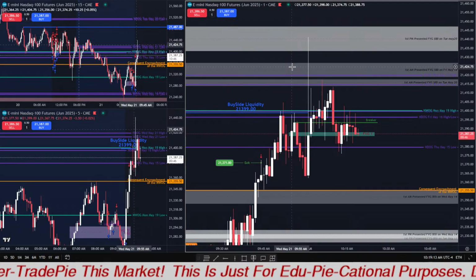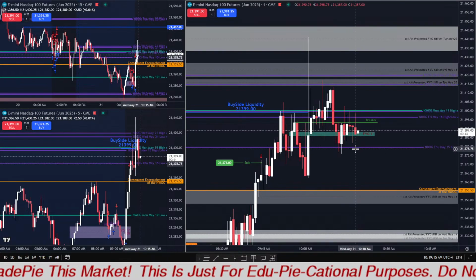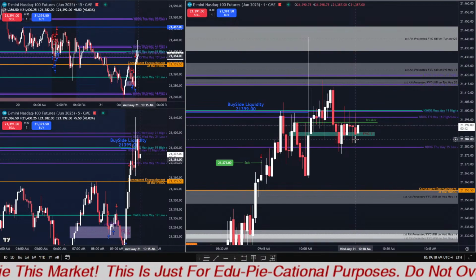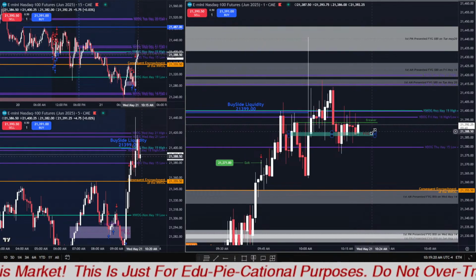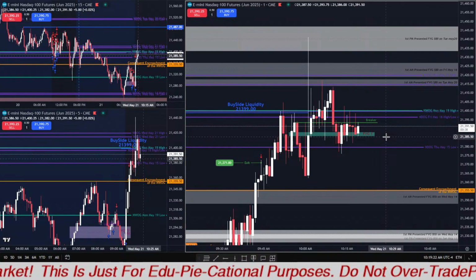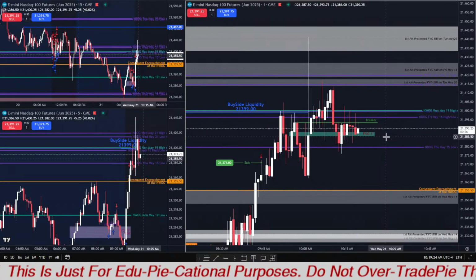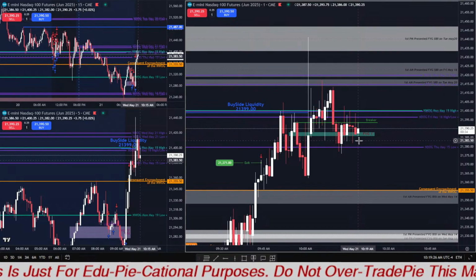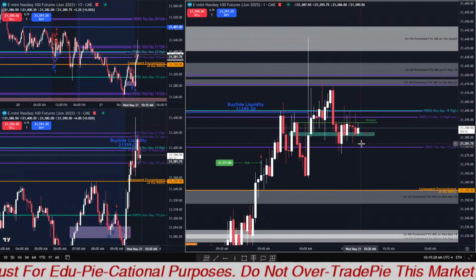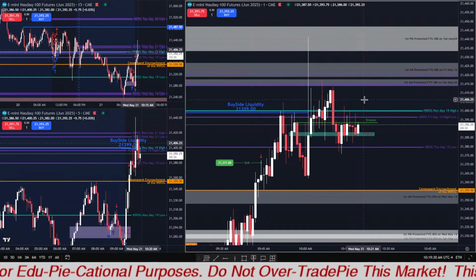Note the closure of these candles over here. It's at the consequent encroachment of this inefficiency. Now, in this candle or the very next candle, I'm expecting a big candle to form upward.